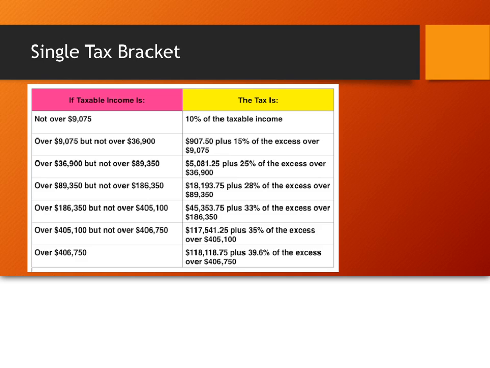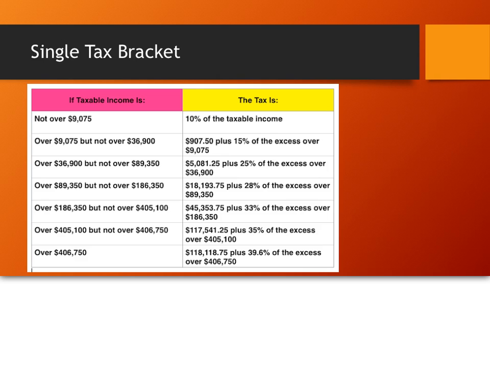Now, if you do make over 9,000, and let's just say 20,000, you're going to have to pay $907.50 plus 15% of the excess over 9,000. Now, if you think about that, $907.50 is really the 10% tax on the first 9,000. So it's only after the 9,000 that the 15% is applied.